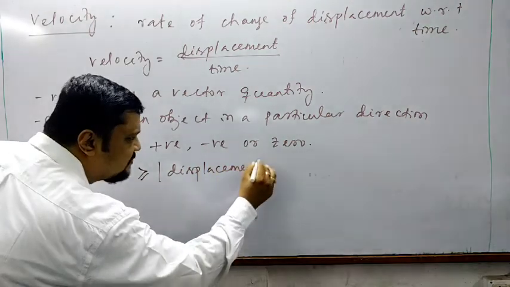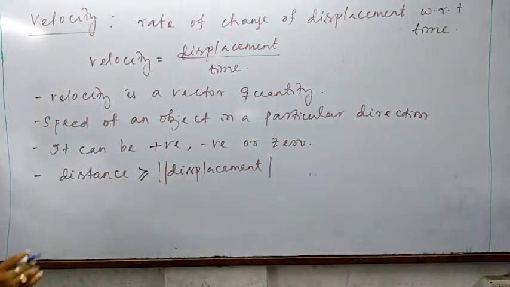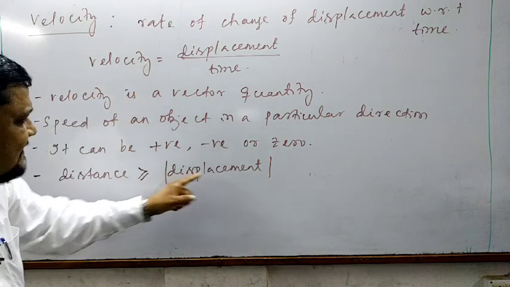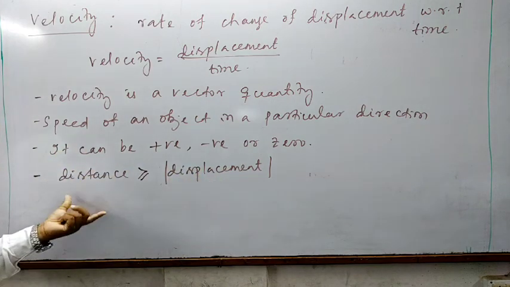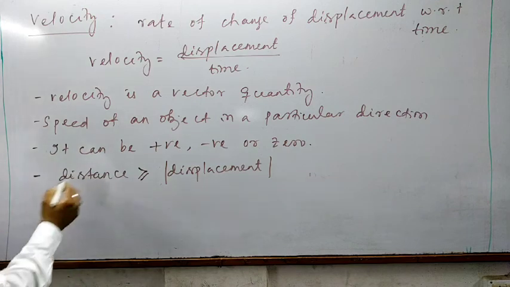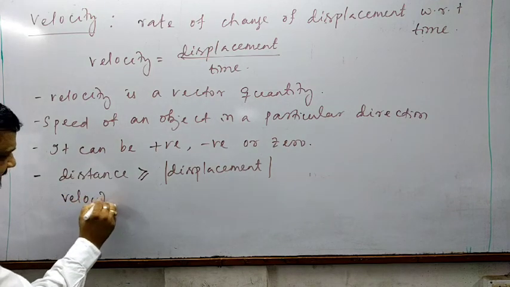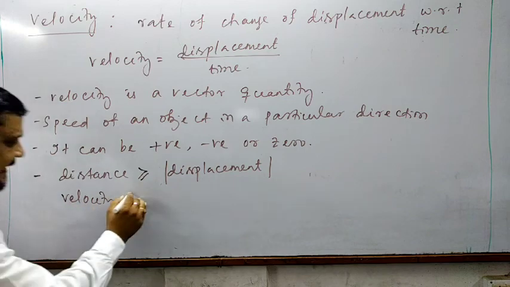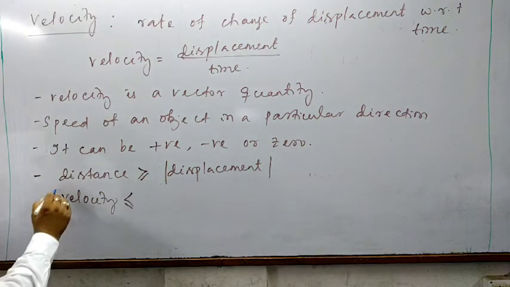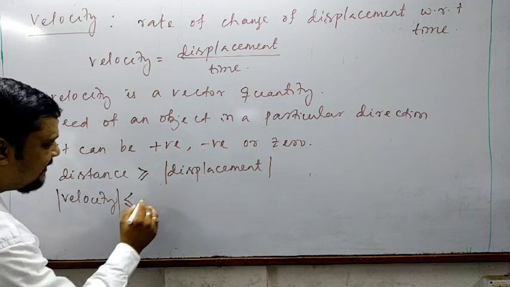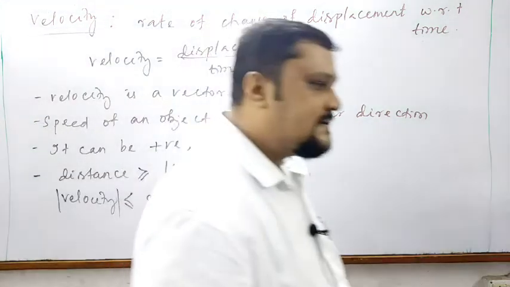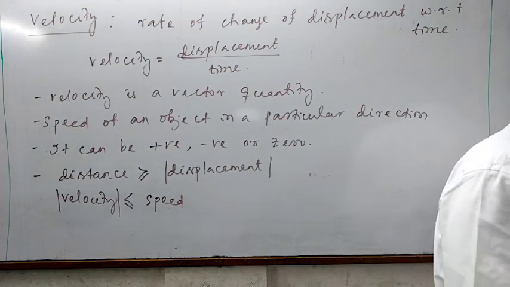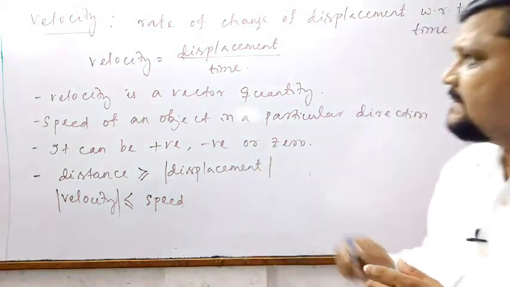Accordingly, the magnitude of the velocity is less than or equal to the speed. So this is about the velocity.